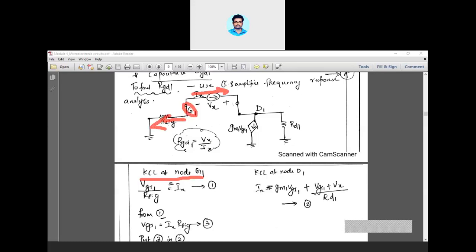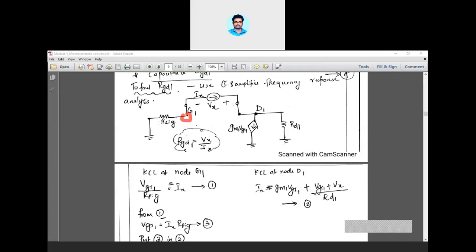You know that current is nothing but potential difference divided by resistance. So what is the potential at this terminal? Since it is ground, it is 0, and the voltage at gate 1 is VGS1 because the source is at ground. So VGS1 minus 0 divided by Rsig, that is VGS1 by Rsig, plus Ix, which is also leaving, is equal to 0.